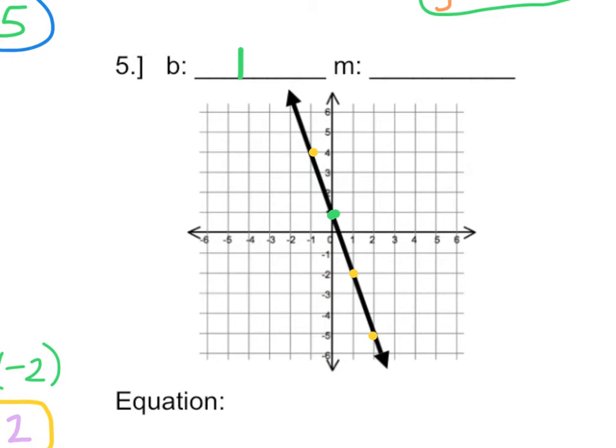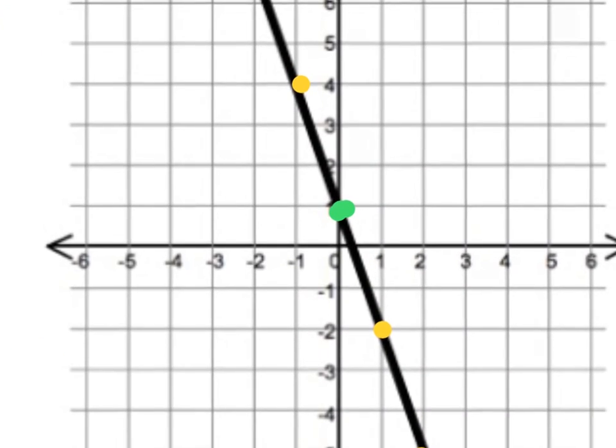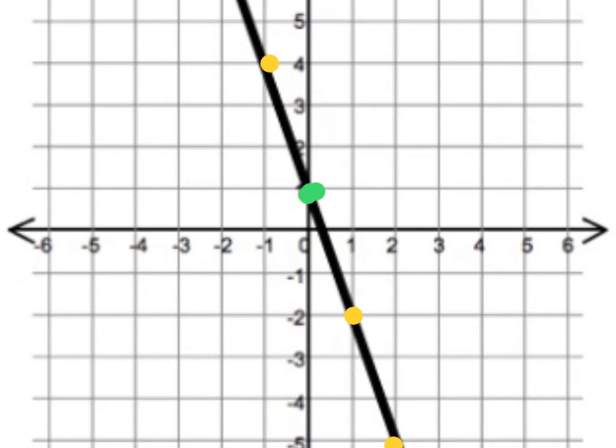Okay, so now we're going to do our right triangle. We're going to find our rise and run. So pick any two consecutive points. I'm going to go with these two. And we're going to go rise and run. Okay, so now we count. How many does this drop?